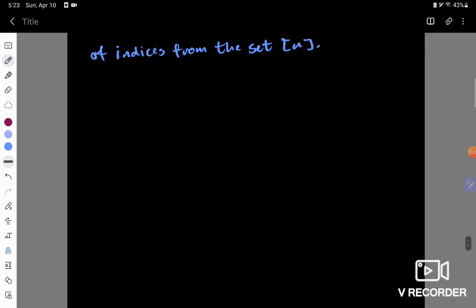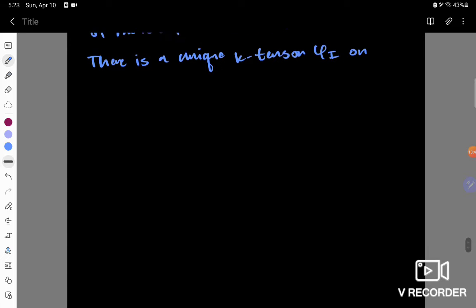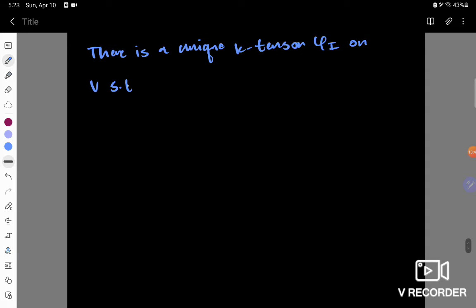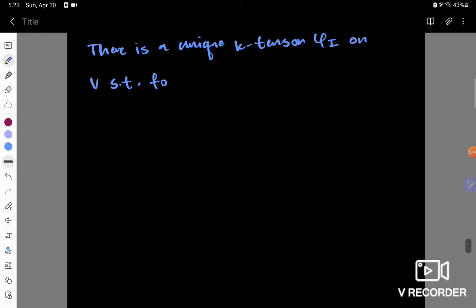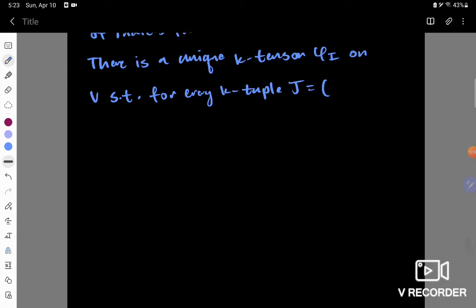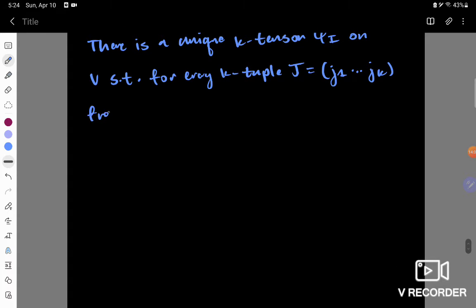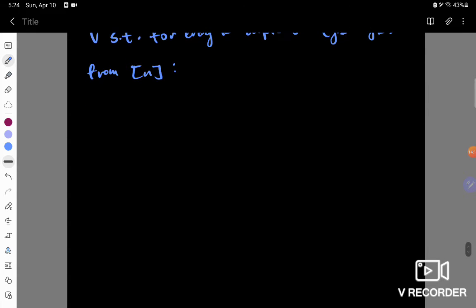Then we claim there is a unique k-tensor which we'll denote phi sub I on V, such that for every k-tuple, which we'll denote by J, which consists of these indices J1 through Jk, let's say, from index set n, and now we specify how it acts.